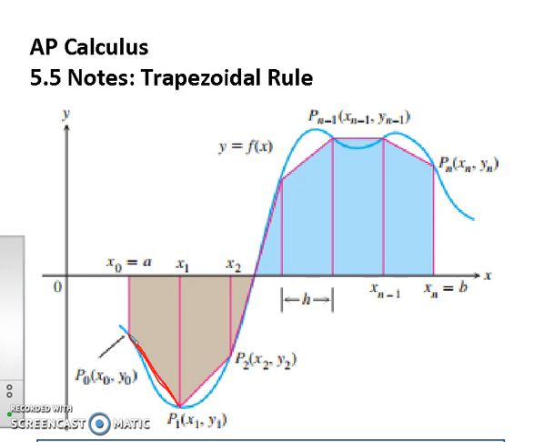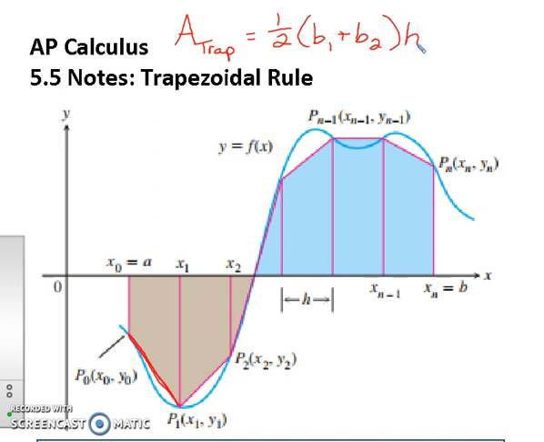But in order to do that, you need to know how to find the area of a trapezoid, because when we did rectangular approximation, we used the area of a rectangle formula. So maybe you remember, maybe you don't. The area of a trapezoid is calculated using 1/2 times base 1 plus base 2 times the height.